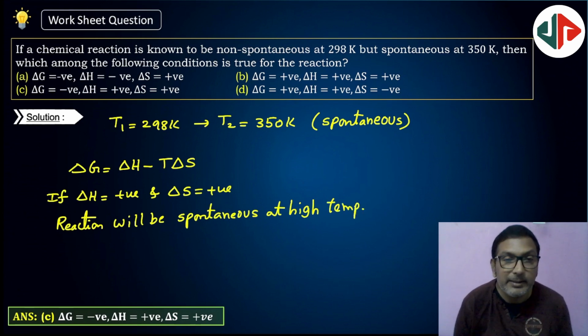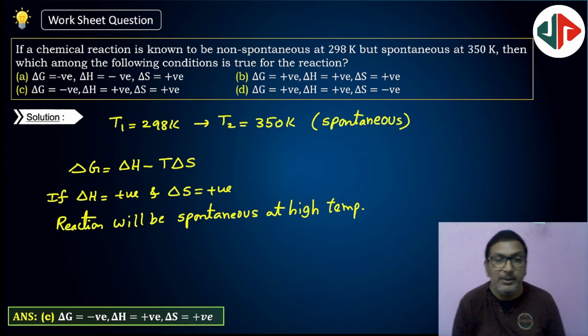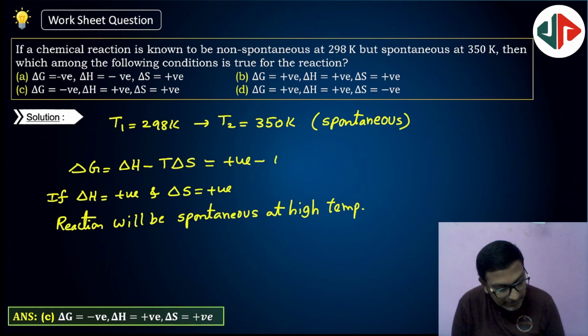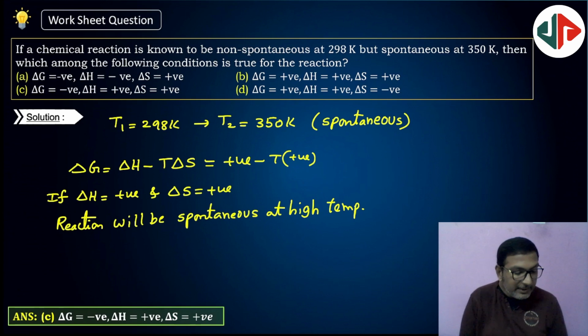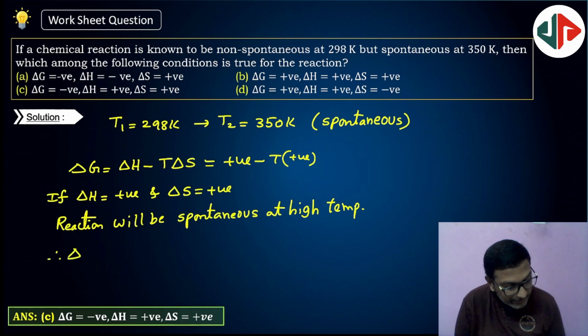Very, very important. If delta H is positive, delta S is positive, then we can write like this: here positive value minus T into positive value. If delta G is negative, the reaction will be spontaneous. Therefore, delta G becomes negative at high temperature, which is spontaneous.